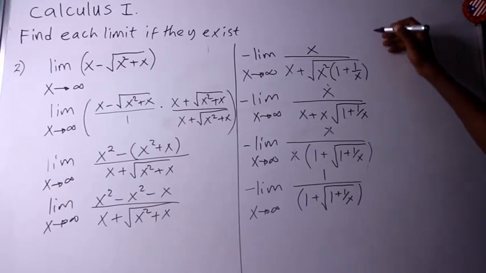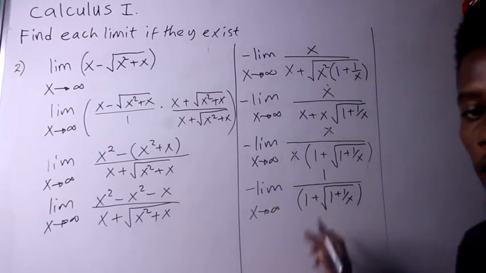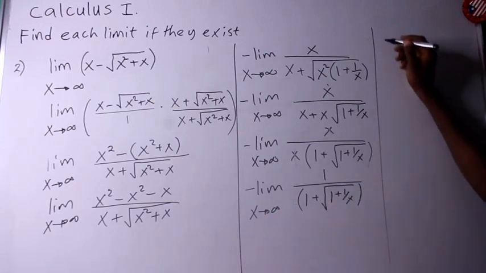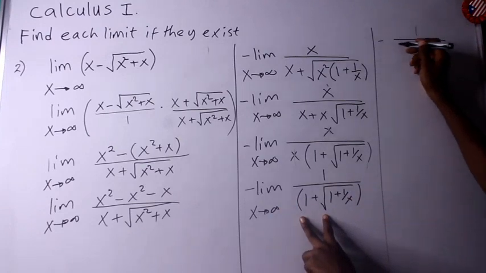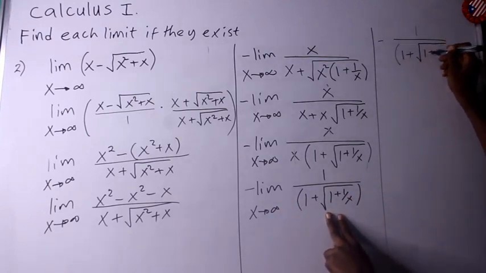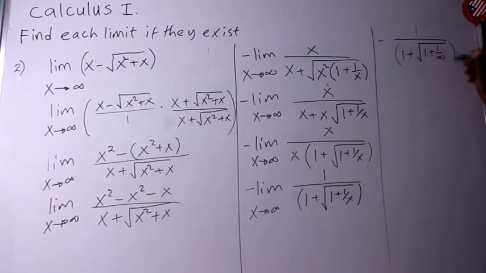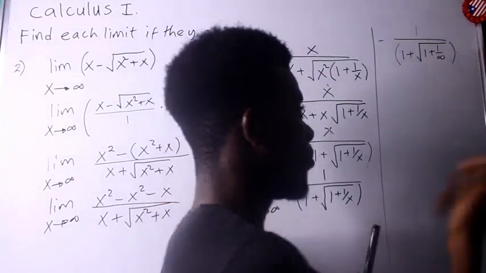Now, once we do that, the next thing to do is to apply direct substitution. So we have minus 1 over 1 plus the square root of 1 plus 1 over infinity. So all we did here is to replace x with infinity. And once we do that, we can move on and simplify.